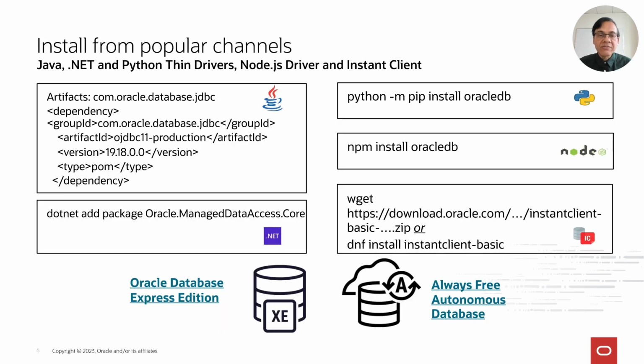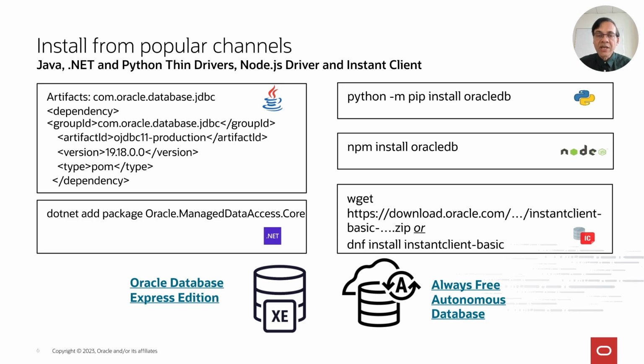Now, how do you get the drivers for use in your application? You can install them from all the standard popular channels like Maven for Java, NuGet for .NET, PyPI for Python, and NPM for Node.js. Our Java, .NET, and Python drivers are thin drivers, so you do not need to download anything else.